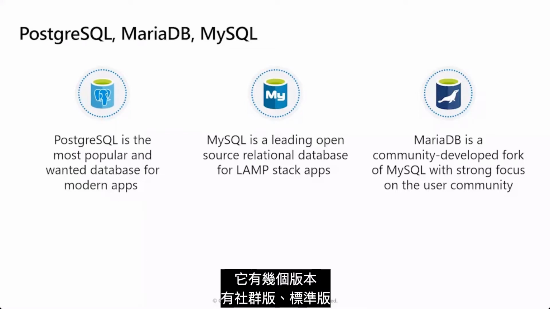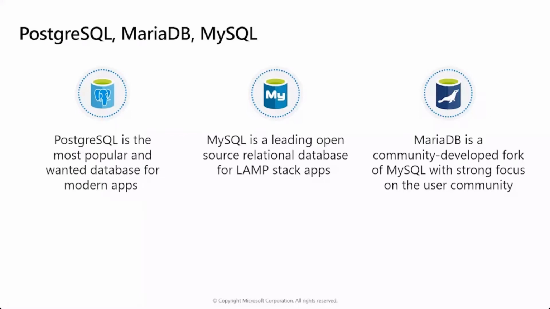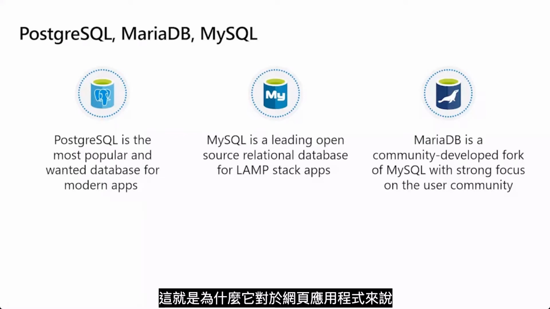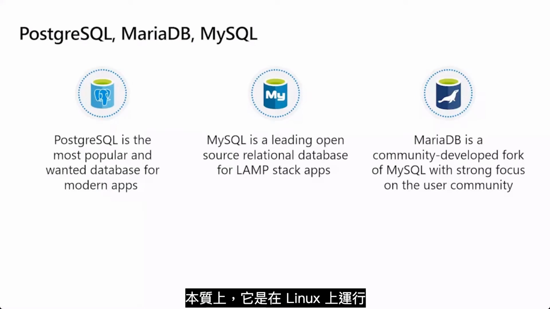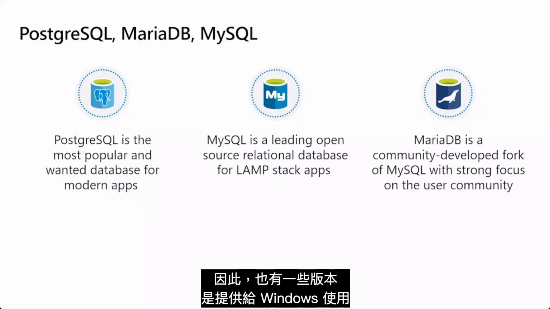It comes in a couple of editions: the Community Edition, Standard Edition, and Enterprise Edition. The Community Edition is free, and that's why it's been a popular database management system for a lot of web applications. Under the hood, it runs on Linux, though there are some versions available for Windows as well.